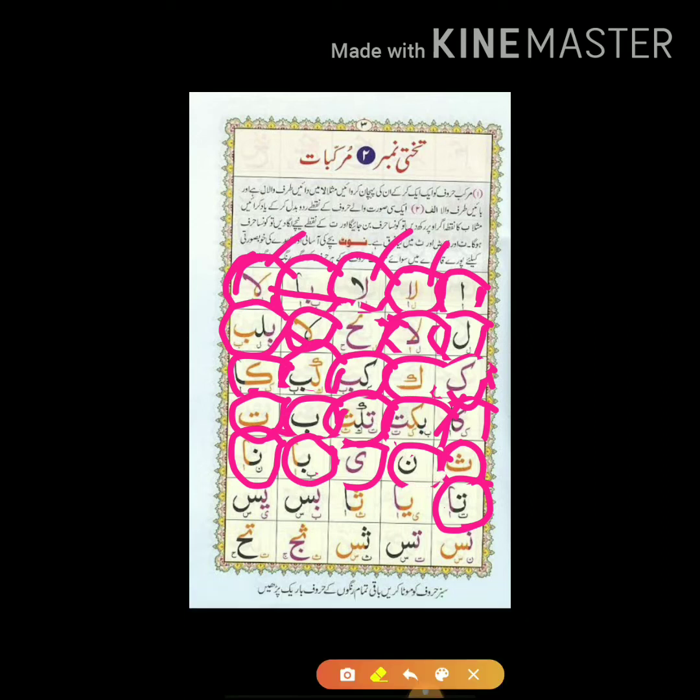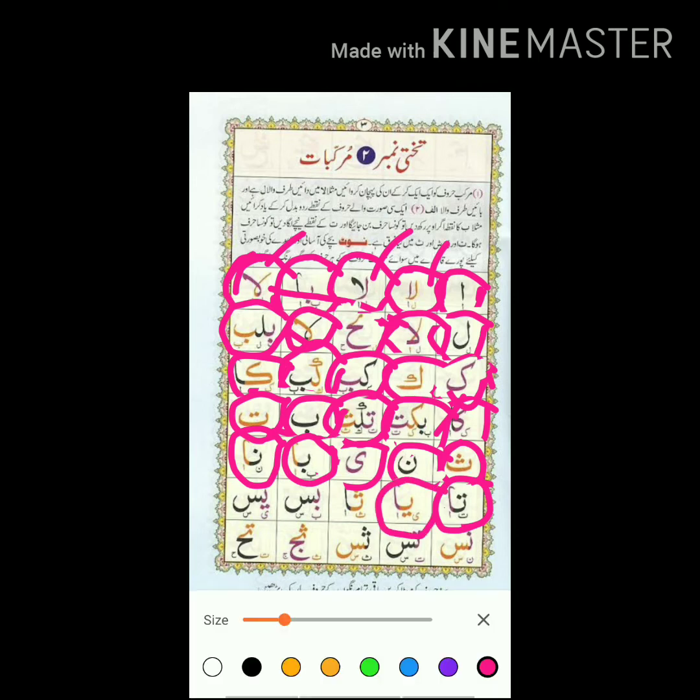Okay, here we have two letters: a boat-like shape with two dots below. Now you must be thinking that there was not any single letter in Arabic that we discussed in lecture number 1 with two dots below. So you must be wondering which letter it is.